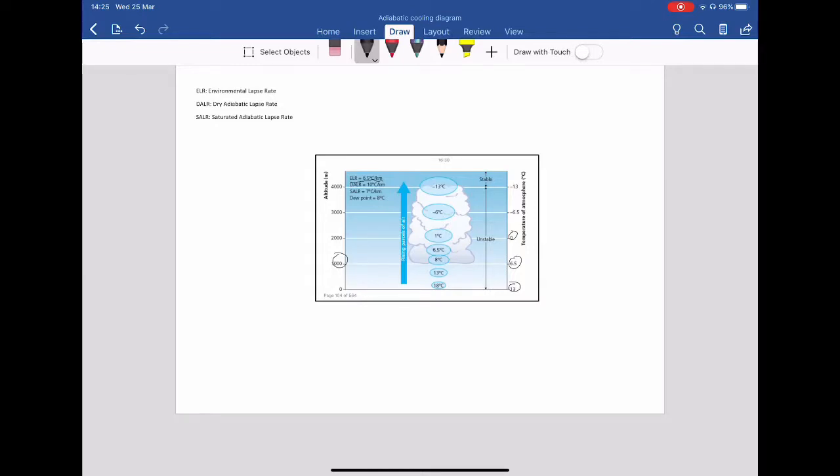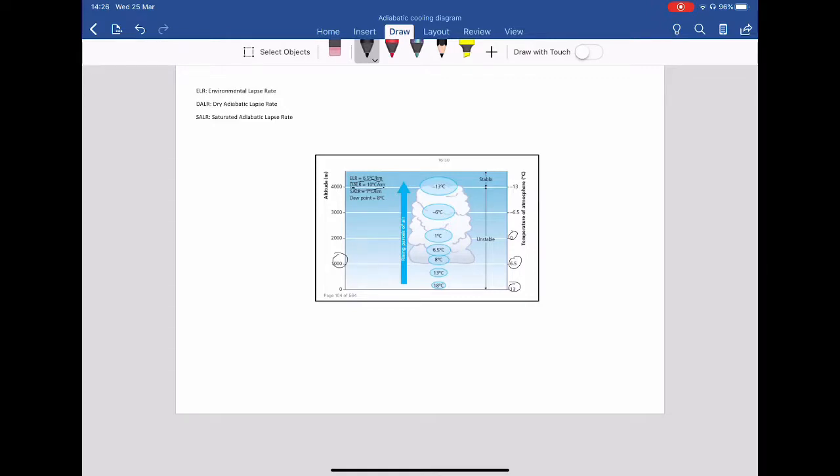Okay. Dry adiabatic lapse rate is the rate at which a pocket of air cools as it rises up through the atmosphere when it is not yet 100% humidity. So it's got some moisture within it, but that moisture is remaining as a gas, as a vapor, and is not condensing.